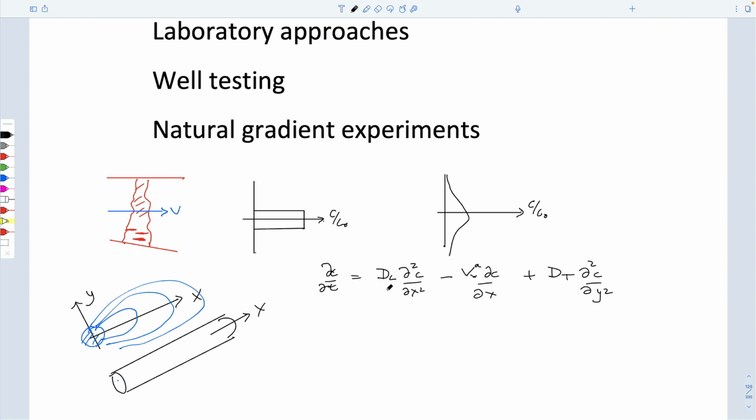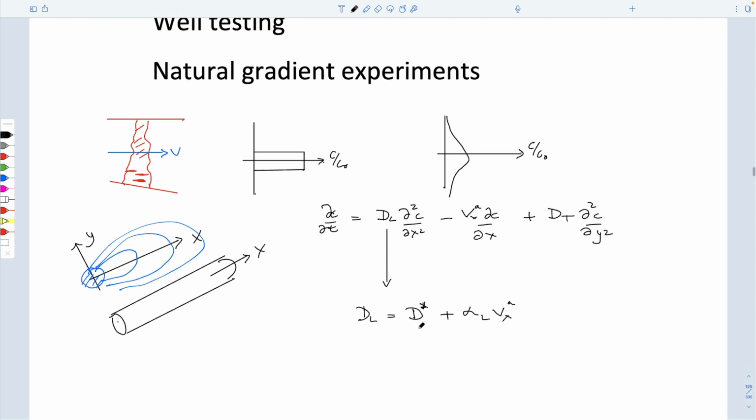And I guess we know that this is equal to the diffusion portion plus alpha_L times the advective velocity in the x direction.